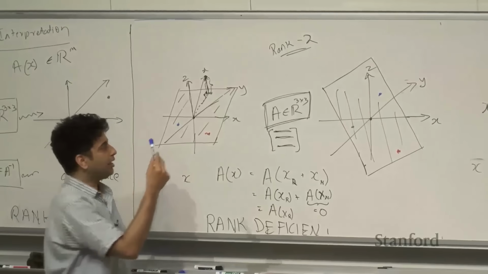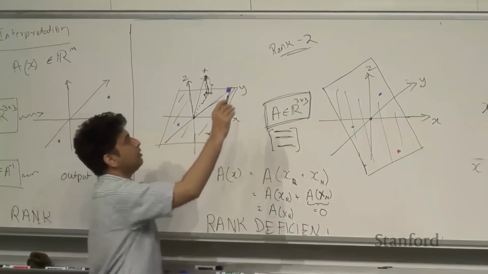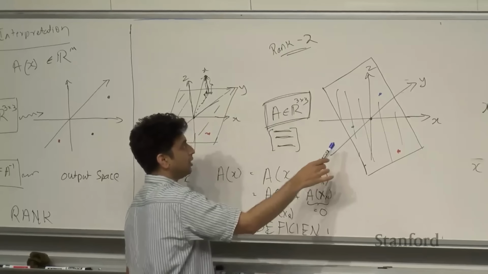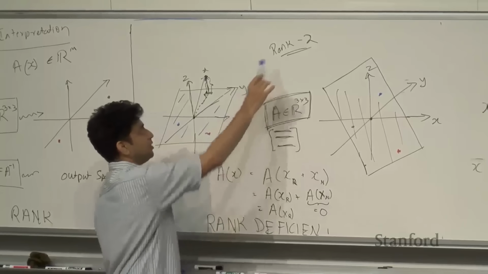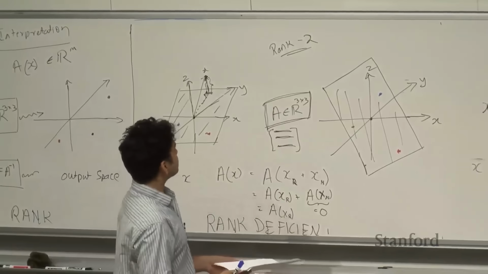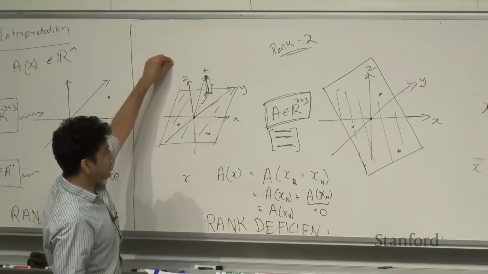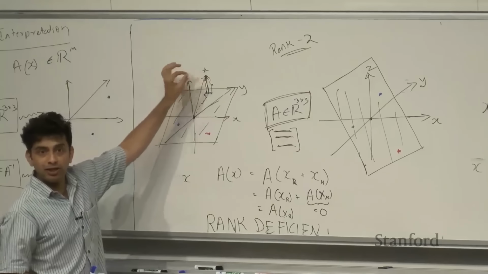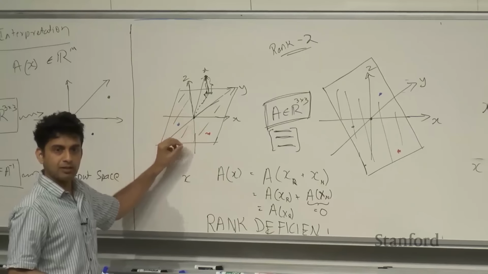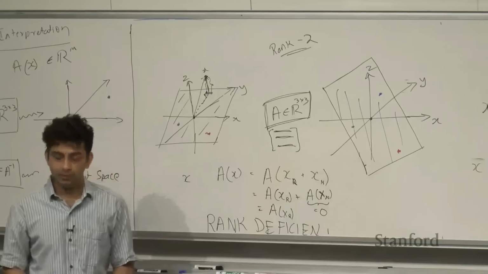For a given matrix A which is not full rank, there exist subspaces in its input and output space, and the dimension of the subspace is equal to the rank of the matrix. Whenever you multiply a vector from the input space, what you're effectively doing is projecting that vector onto the row space, the input subspace for which a bijection exists, and then carrying that point forward onto the output dimension.